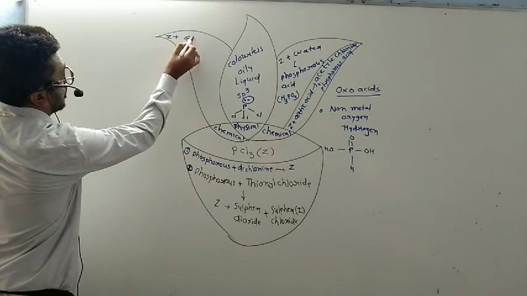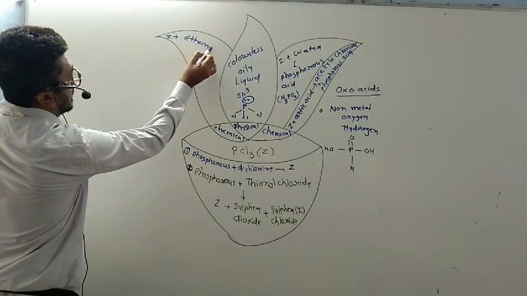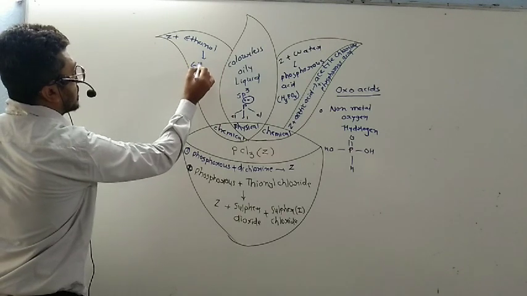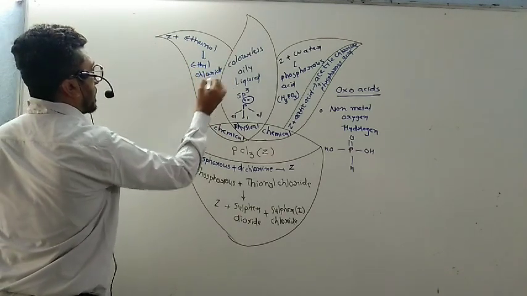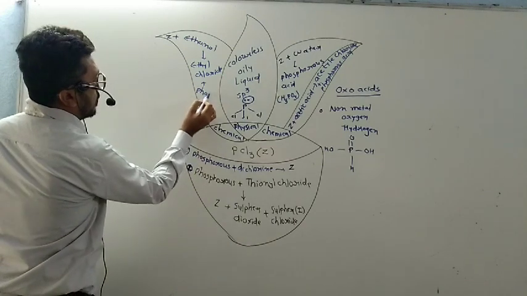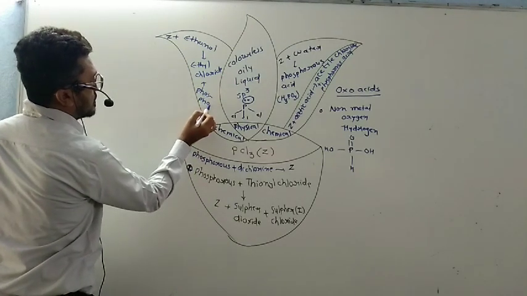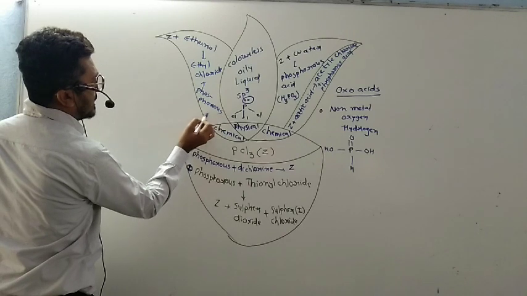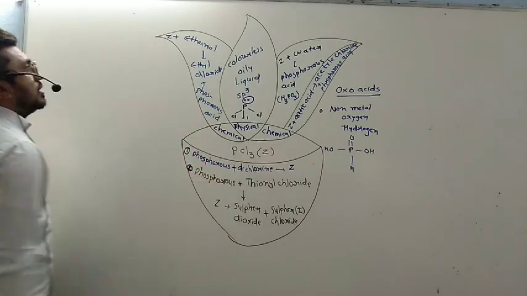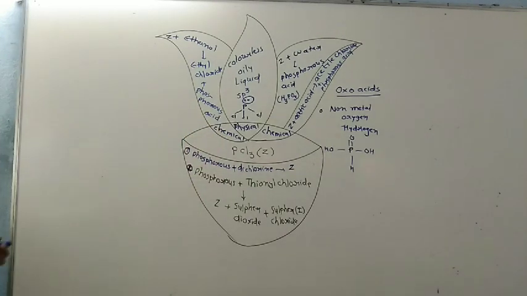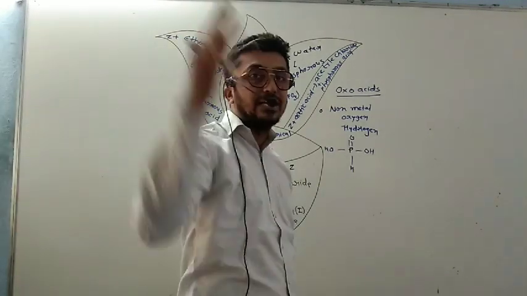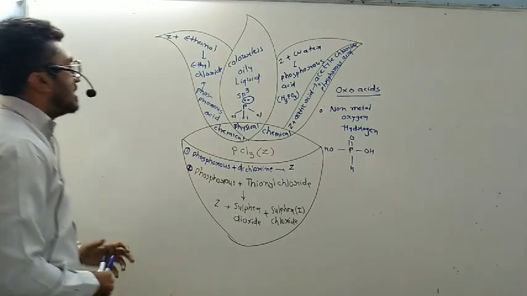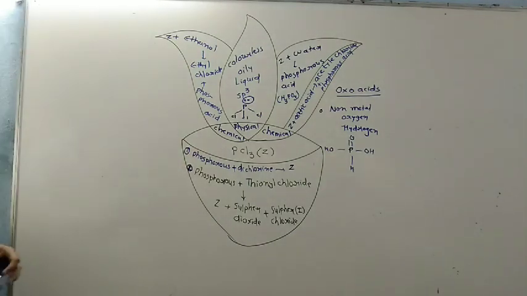Again, this third reaction of chemical properties for PCl3 is here. Z plus ethanol gives us ethyl chloride plus again phosphorus acid. So Z plus ethanol C2H5OH, chloroethane C2H5Cl will be produced, and with this again phosphorus acid will be produced.